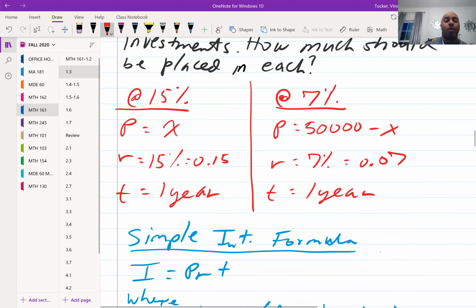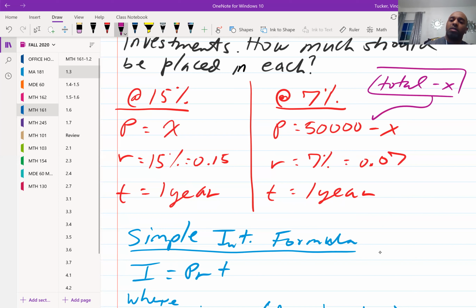So once again, if all they give you is the total, you call one X and then the other one will be your total minus X. So we'll end up solving for X, then take the value that we have and subtract it from 50,000, which will give us the other amount. So once again, this is the total, minus X. All right, any questions on that?